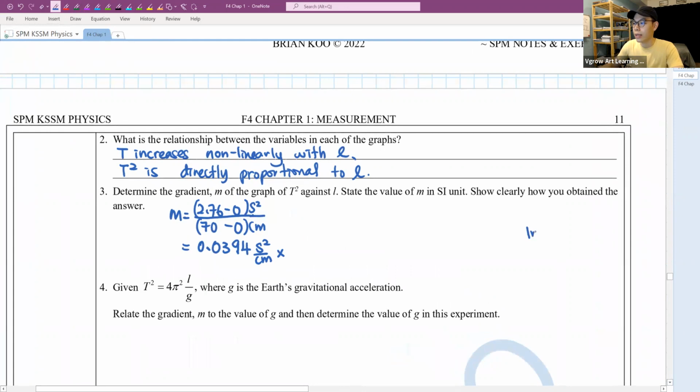I know that 1 meter is 100 cm. If I want to cancel the cm, I need to put 100 cm on top, 1 meter at the bottom. So the cm cancel already. End up is this value multiplied by 100, which is going to be 3.94 seconds squared per meter.